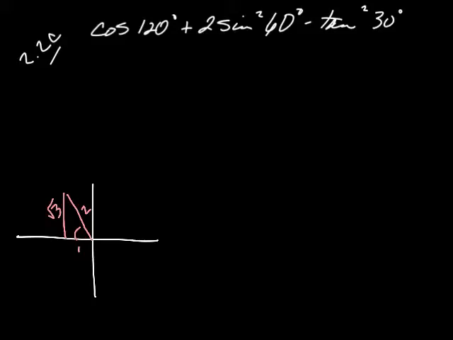So cosine of 120 is going to be adjacent over hypotenuse, 1/2. And all students take calculus. Cosine is negative in the second quadrant. So I've got negative 1/2 right there, and I'm done with cosine of 120.